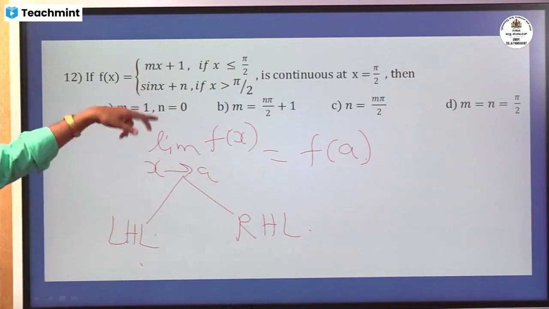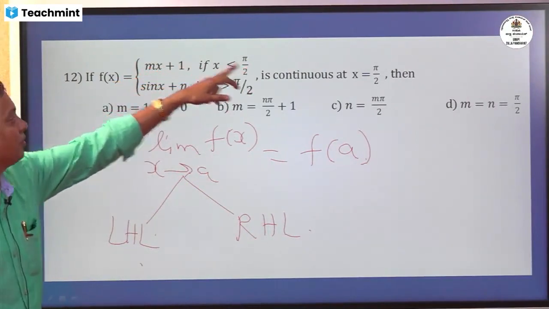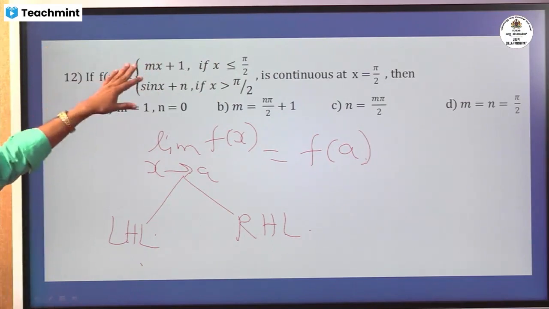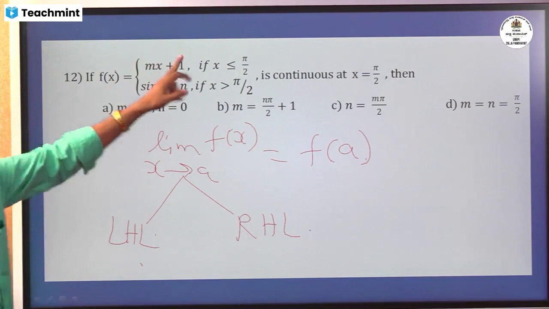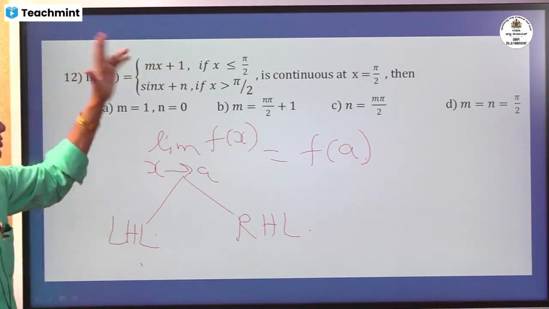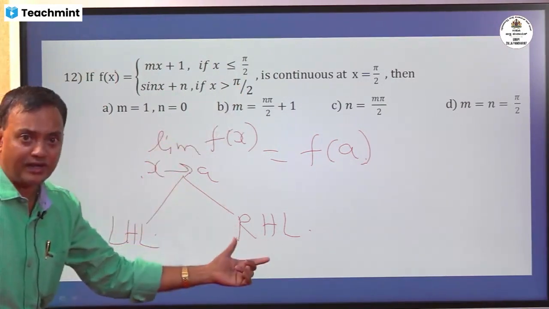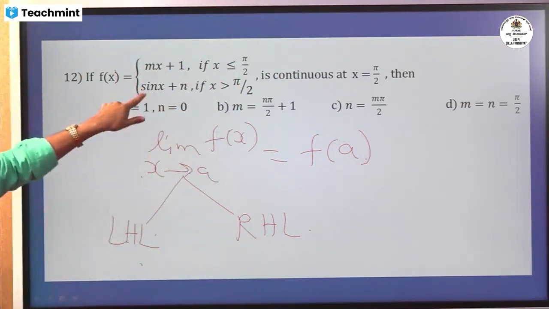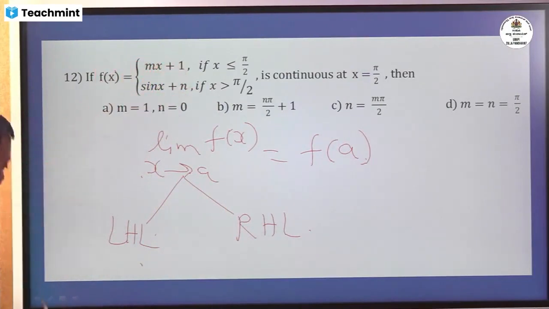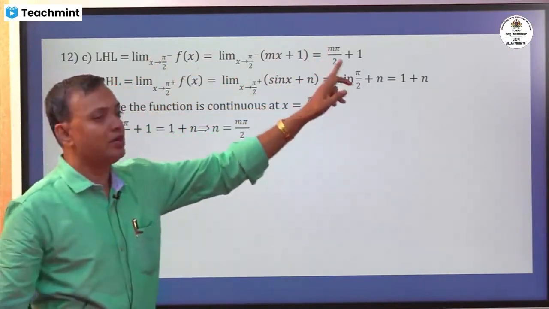So we can orally get the left hand limit for x less than or equal to pi by 2. This is a polynomial function, just put the value: m into pi by 2 plus 1. Left hand limit is m into pi by 2 plus 1. Now what is the right hand limit? Sin pi by 2 plus n, sin 90 is 1.